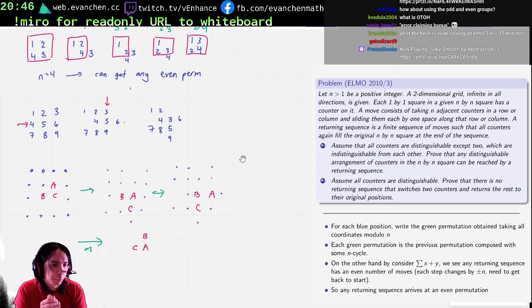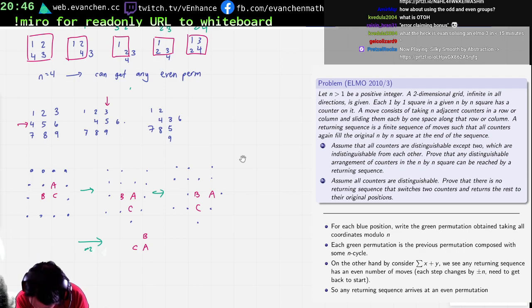Because when you have just permutations on n elements, it's sufficient to be able to do any transposition. If you can swap any two, even if you have a bunch of counters on a line and you're allowed to switch any 2 consecutive ones, then you can get every permutation. This is a little weirder because I want to show I can get any even permutation, so it's not quite as clean.